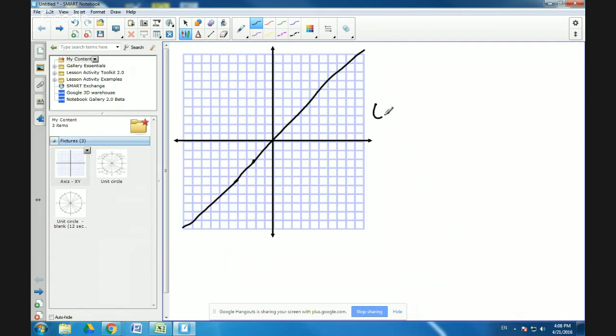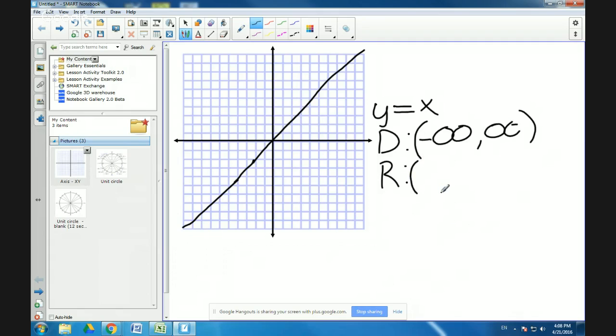And what it'll look like is y equals x, and that is what this graph represents here. For the domain of this graph, you can reach from negative infinity to positive infinity. For the range, same exact thing, from negative infinity to positive infinity.